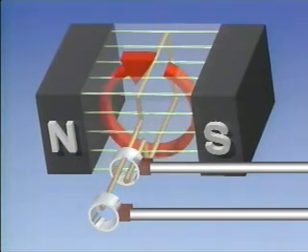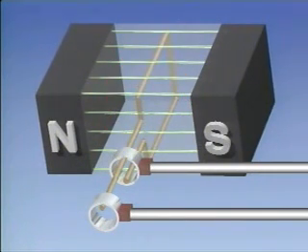Because the conductor moves in a circular pattern, we can think of it as starting at 0 degrees and rotating through the 360 degrees that make up a circle. At 0 degrees, the conductor is not cutting across any of the lines of flux because the conductor isn't moving. Since there is no relative motion between the conductor and the magnetic field, no voltage is induced.